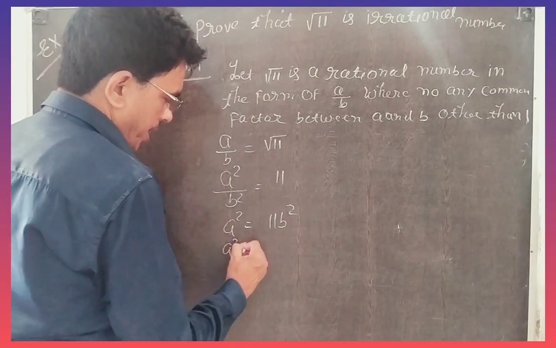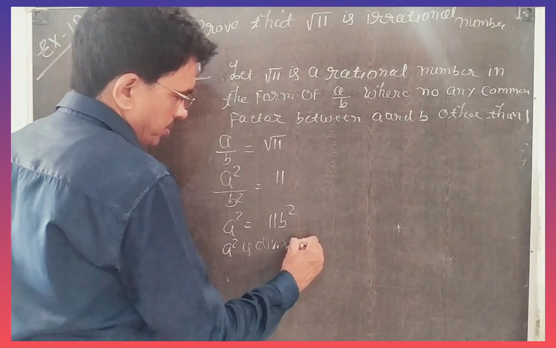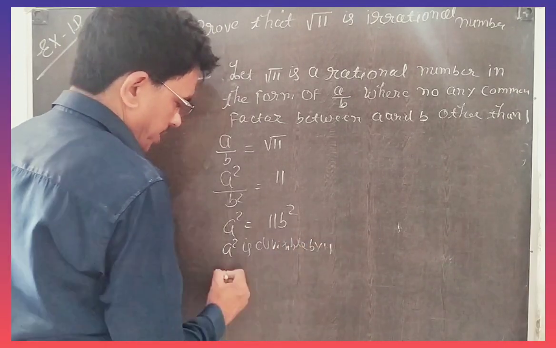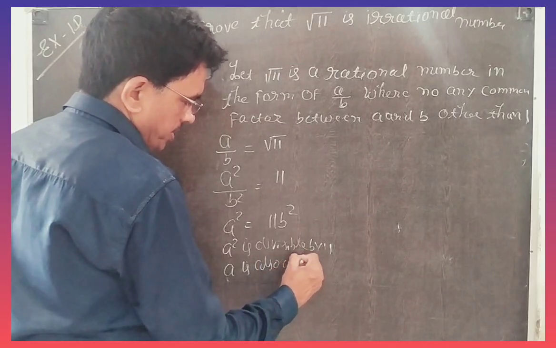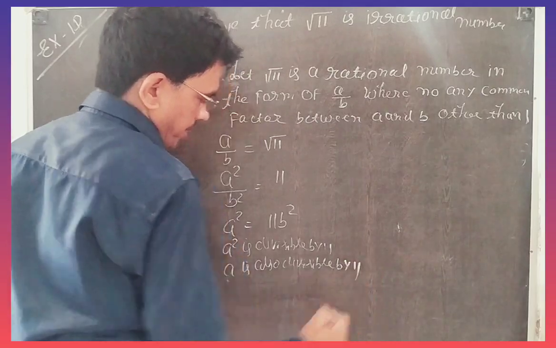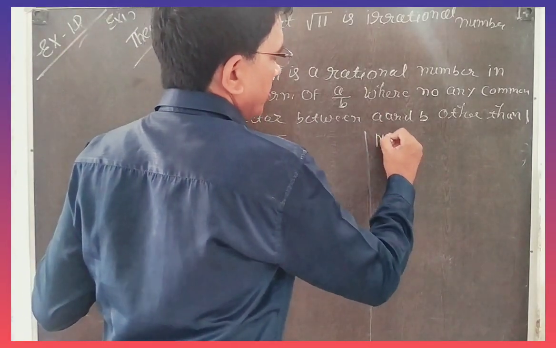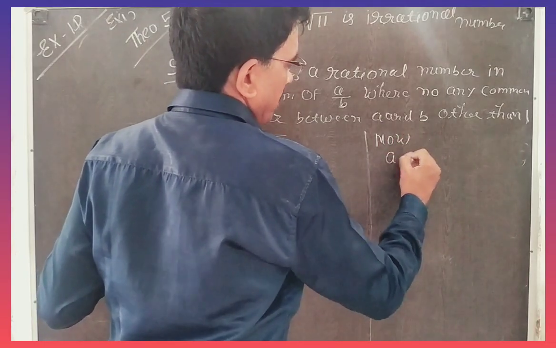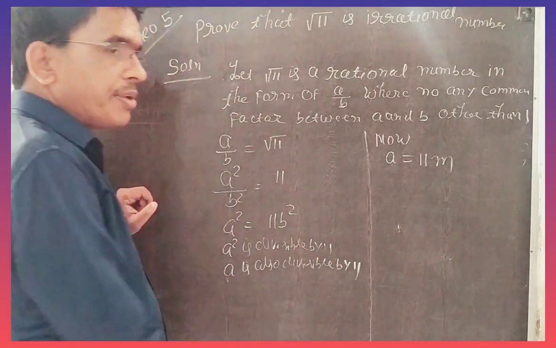That means a square is divisible by 11. So a is also divisible by 11. Now suppose a is divisible by 11, that means a is 11 times, that is 11m.